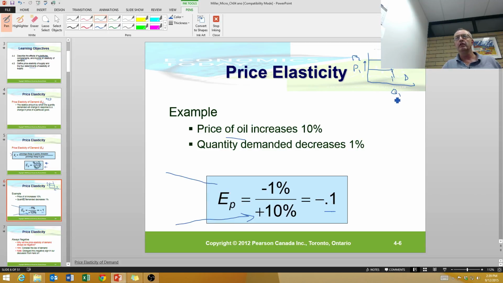There's Q1 and there's Q2. So price goes up, quantity demanded goes down. But we see that the quantity demanded declines by a smaller amount than the percentage increase in price. The price goes up 10%, and the amount that we demand only declines by 1%. So this is going to be an example of price inelasticity.